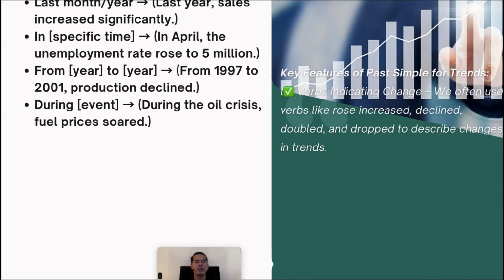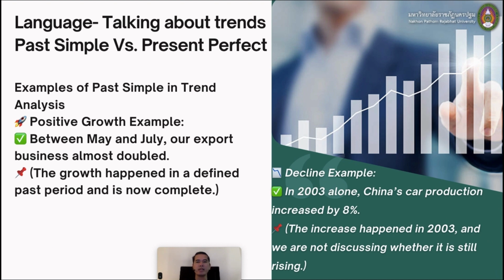Next are examples of past simple and trend analysis. Positive growth example: between May and July, our export business almost doubled. For another example, in 2003 alone, China's car production increased by 8%.